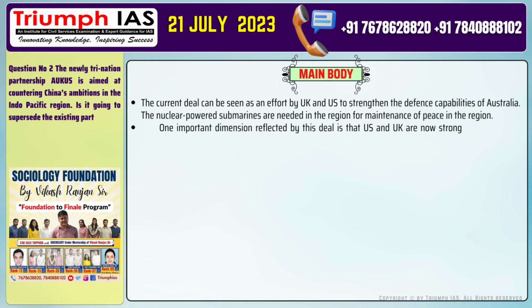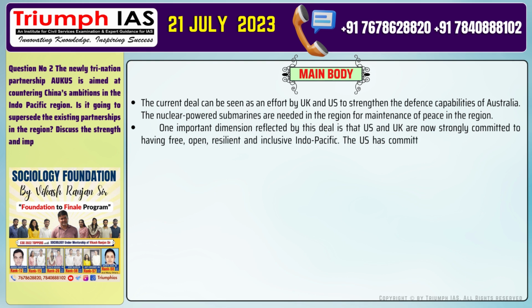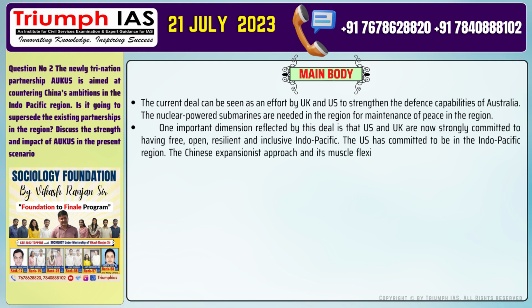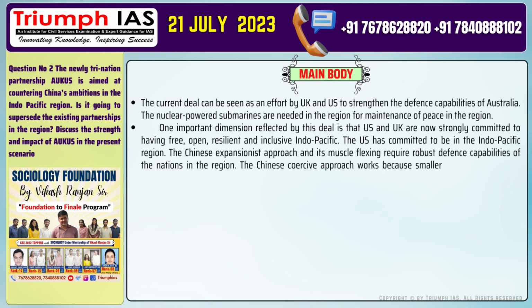One important dimension reflected by this deal is that US and UK are now strongly committed to having a free, open, resilient, and inclusive Indo-Pacific. The US has committed to be in the Indo-Pacific region. The Chinese expansionist approach and its muscle flexing require robust defense capabilities of the nations in the region. The Chinese coercive approach works because smaller nations do not have capabilities to match the power of China.